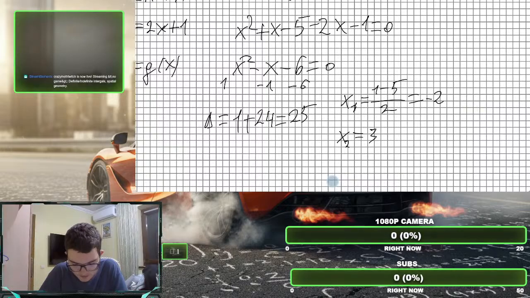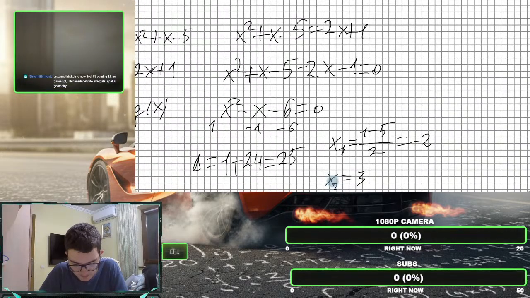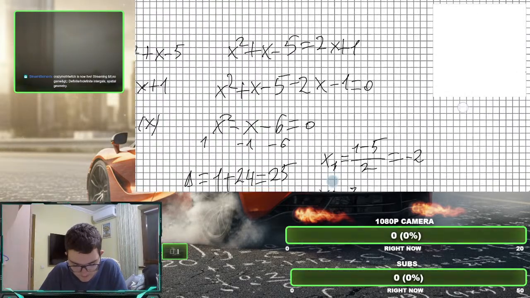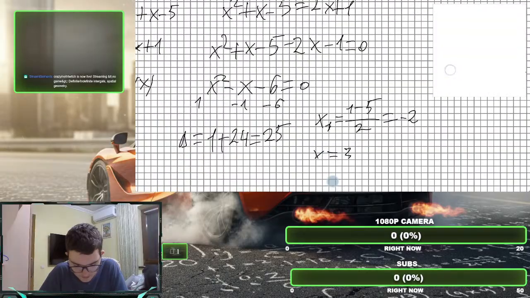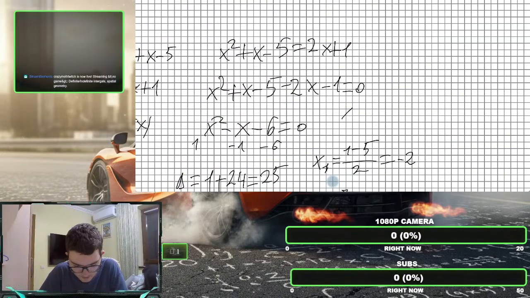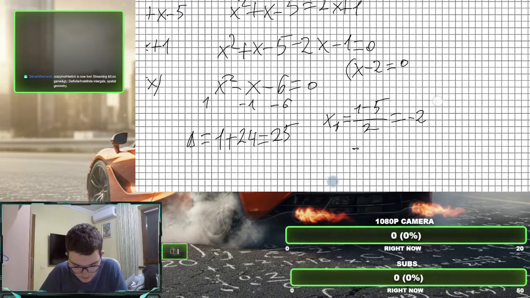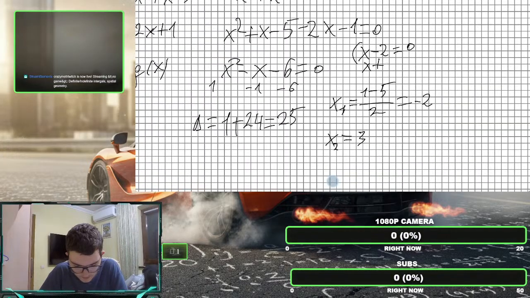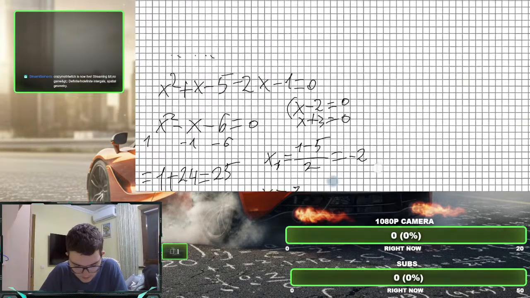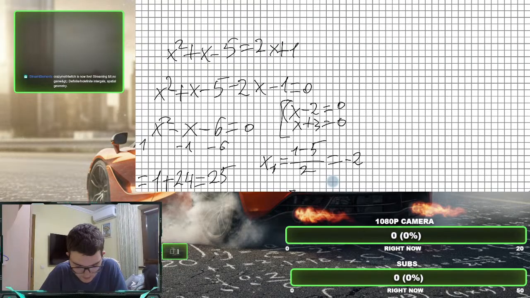And basically I have these two values, minus 2 and 3. Now I think I just have to write it like this, like x minus 2 is 0 and x plus 3 is 0. So it's like a system, and this means that x is 2 and another one is x is equal to minus 3.